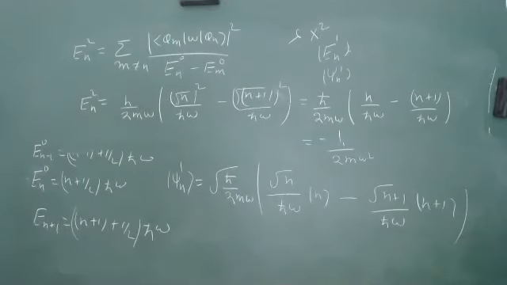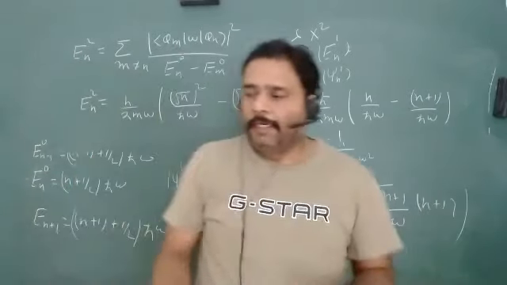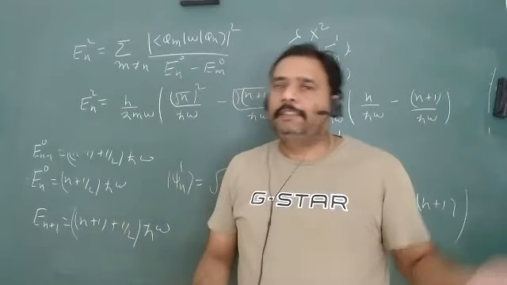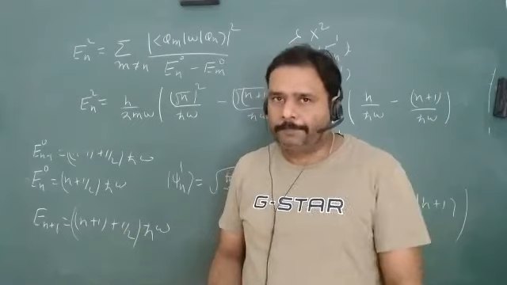I will give this in your exam. Are you comfortable up to this? So whenever a harmonic oscillator problem comes, what will you do? You will just go for the operator method and then solve it.